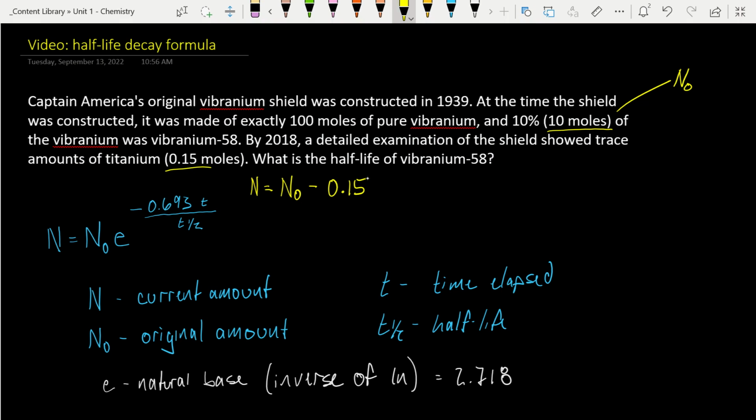It tells us in the question we're solving for half-life, so time elapsed should be in here. And indeed, what do we have? We have 1939 to 2018. That's 79 years. So t equals 79 years, and we're solving for t half.